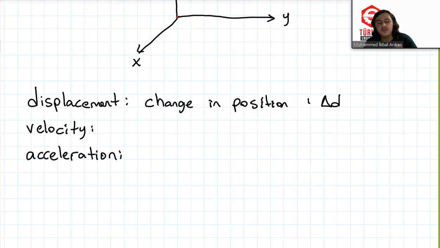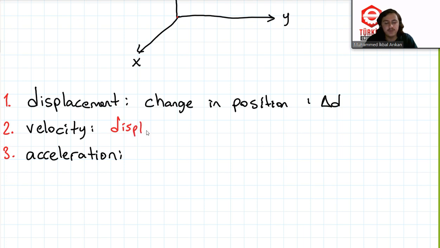And what about velocity? It is the second step. So we have three steps: displacement in the first step, velocity in the second step, and acceleration in the third step. So what is velocity? Velocity is the change of position, so it is our displacement, but per unit time.